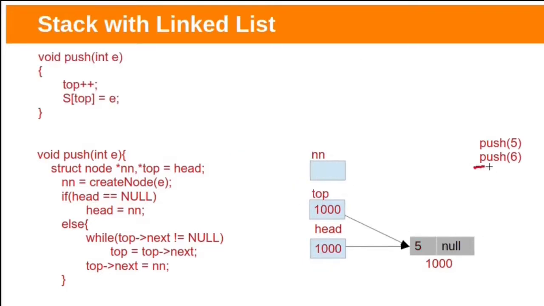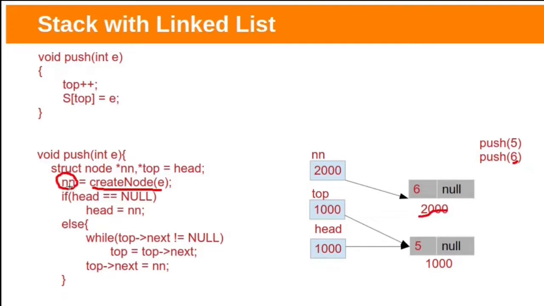If we try to perform this push operation, this push function will be called. Head is having address 1000, same will be copied into top also, so top will also be 1000. This create node function will create new node and it will add this 6 into the data part, and initially link will be null and it will return that newly created node address to this pointer.